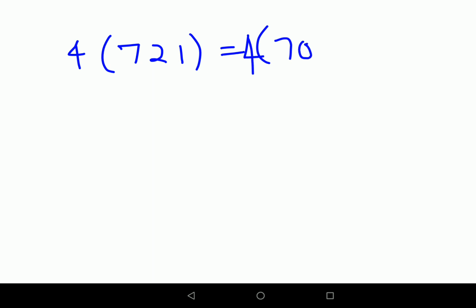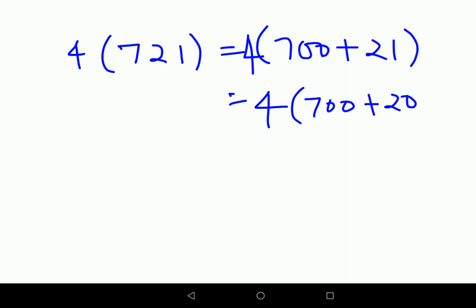Very quickly let me show you another example. Let's say 4 into 721. Now again I give you an option: just multiply 4 with 700 plus 21, or you can even spread it across, 700 plus 20 plus 1.